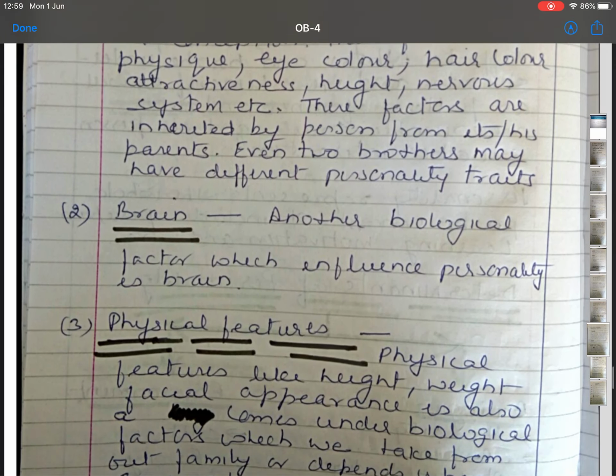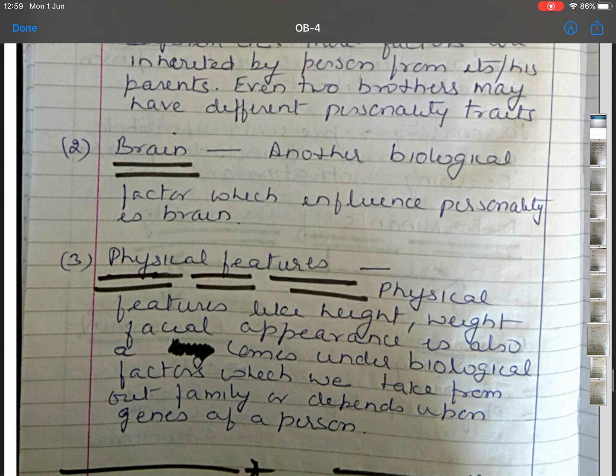Now the second one is brain. This is another biological factor which influences the personality of an individual. However, psychologists are unable to prove that the contribution of the human brain influences personality, but still it is a part of the heredity factor.